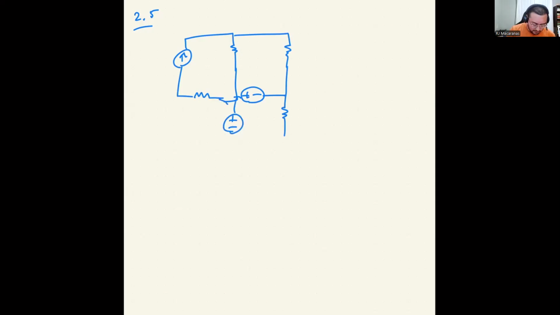Next up, 2.5. So we are looking at this network in figure 2.5. We have a current source, a couple resistors, a voltage source, another resistor, another voltage source, a resistor there.